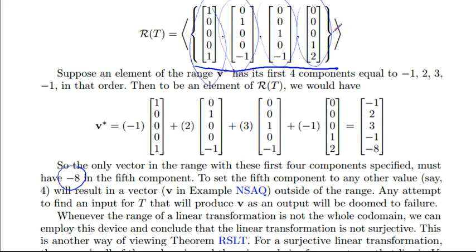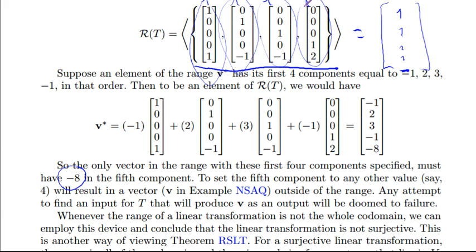Let me do another example. Suppose I take the vector 1, 1, 1, 1, and I need a fifth component that is not yet decided. If this undecided vector is going to be a linear combination of these, I would have to take 1 times this, plus 1 times this, plus 1 times the third, plus 1 times the fourth.